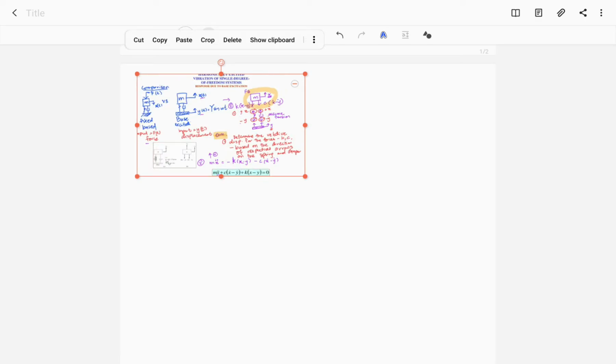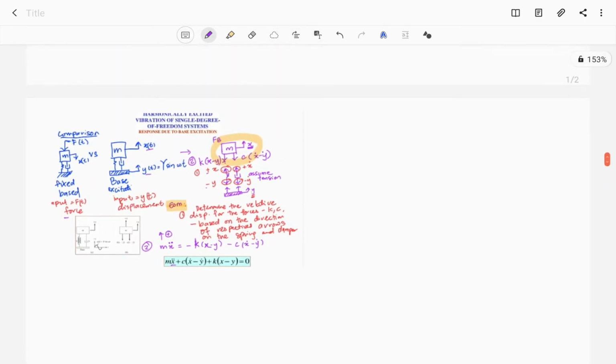So let me just show. We do a very similar thing. Now we want to assume your K and your C experience compression and see whether we get the same equation of motion.